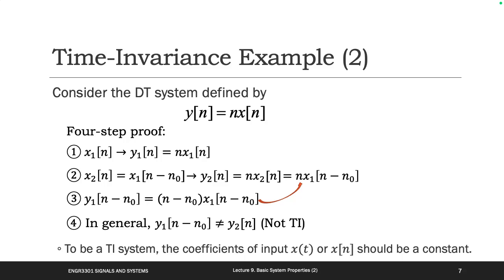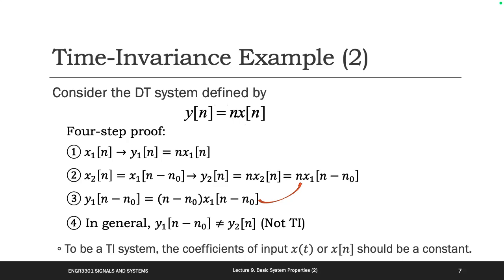If this is a constant, your output just depends on your input. But if there is an n, your output not only depends on your input, it also depends on the time.